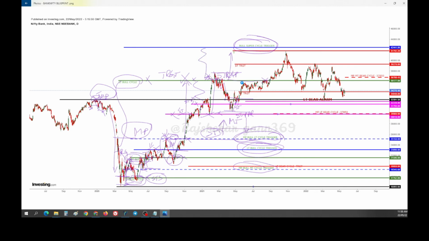This is an area which I call a gray area, meaning it can trap late bulls or it can even trap bears. Why? Because this can give you a good down move at least till here, and if this breaks, this can trigger back to these levels.